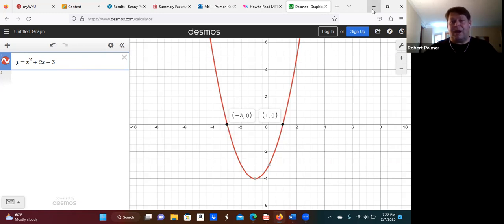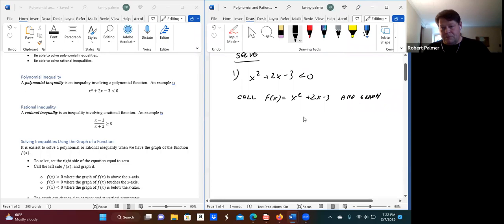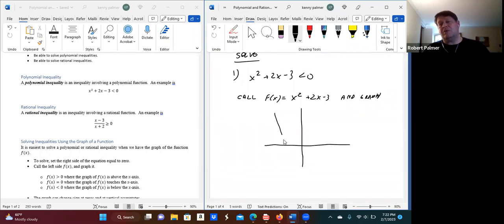Okay, so let's come back. Let's do a quick graph of that below. So our function looks basically like this. So this point right here was 1, 0. This was negative 3, 0. It crosses the axis.